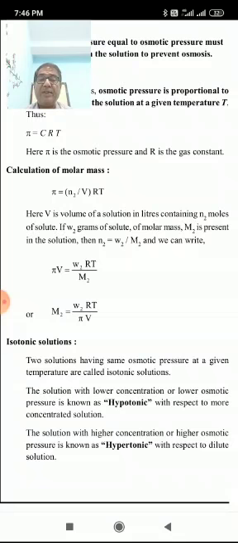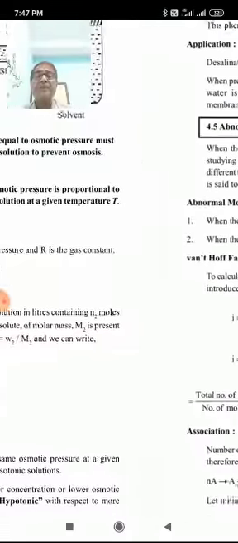The solution with lower concentration or lower osmotic pressure is known as hypotonic solution with respect to a more concentrated solution. Third one is hypertonic solution. The solution with higher concentration or higher osmotic pressure is known as hypertonic solution with respect to a dilute solution. So there are three types of solution on the basis of osmotic pressure.